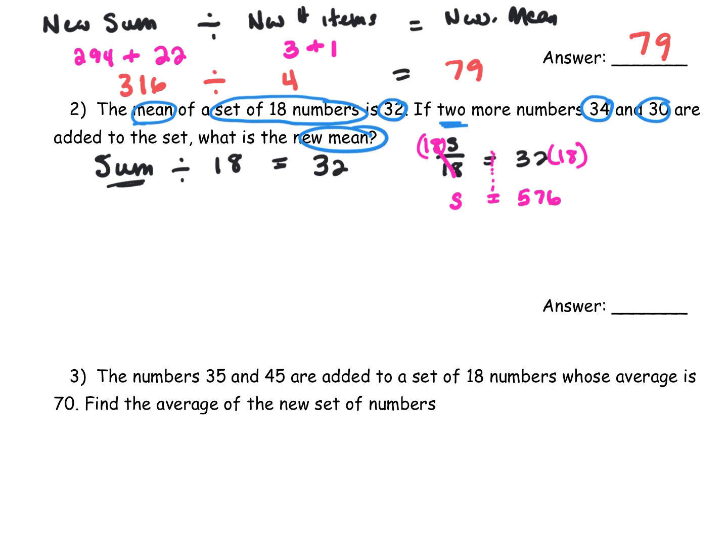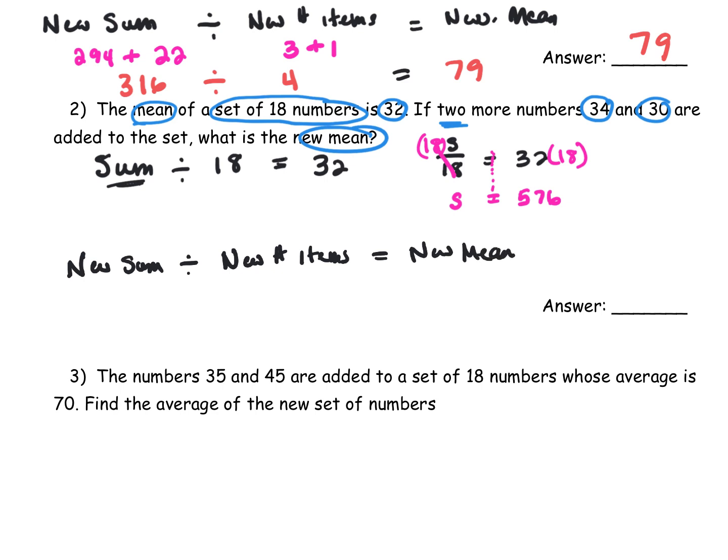That's important because we need it now to find our new sum, which we're going to divide by our new number of data items, and that's going to give us our new mean.